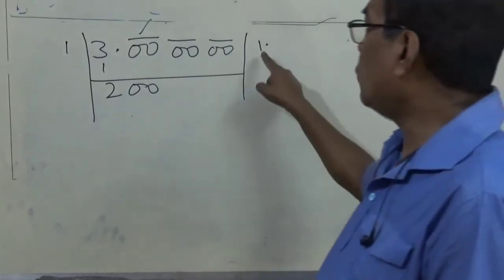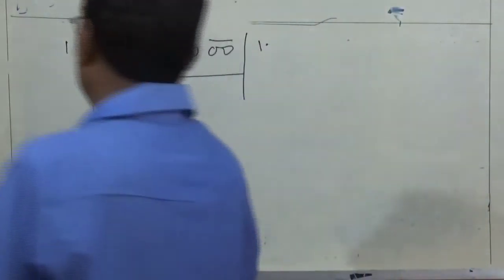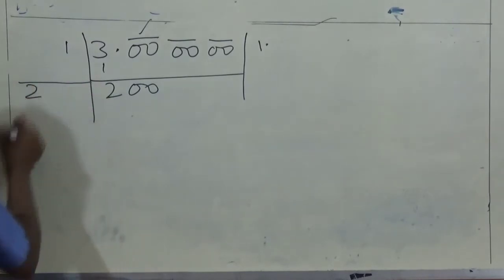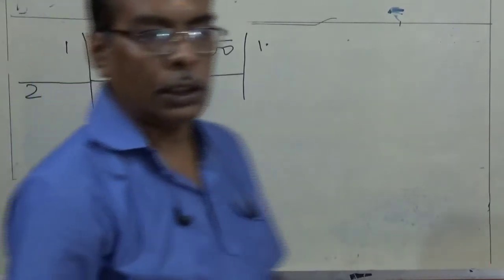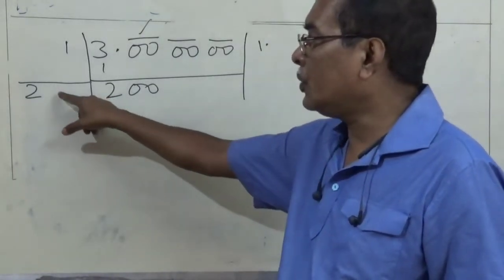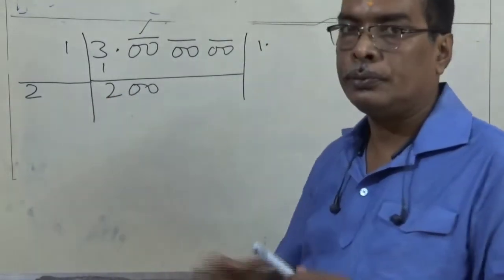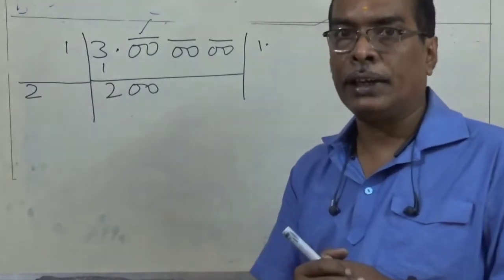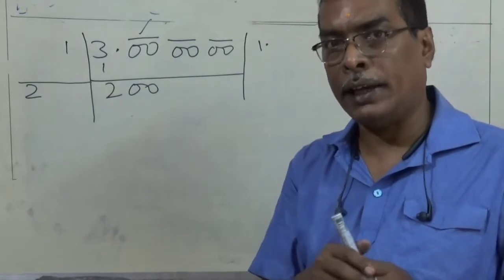Right? Now this one is required to be added with this one. It will come as 2. Okay, now for this reserved place, omit this 0. 20 is left. Divide this 20 by 2. 10. Don't take 10, but 9.